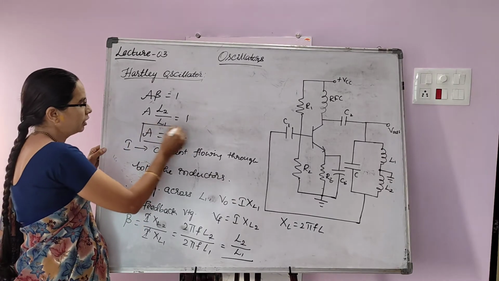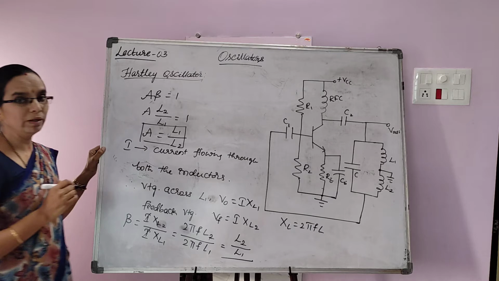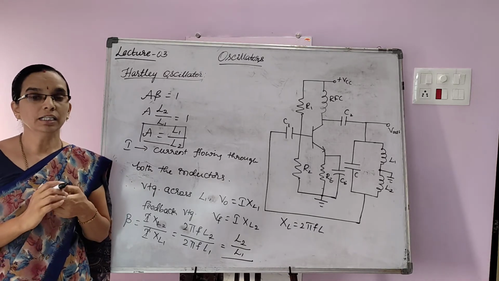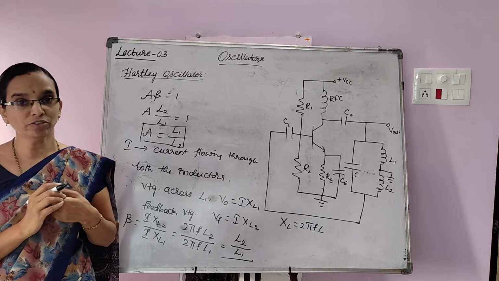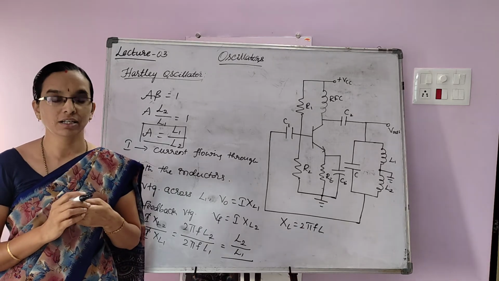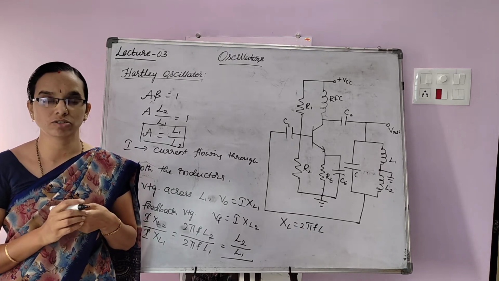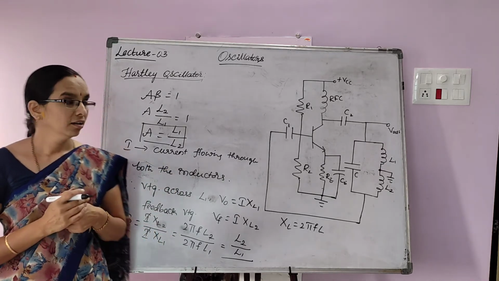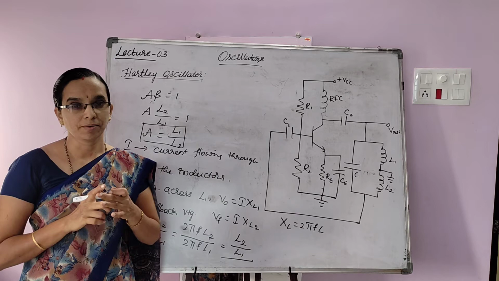If the gain of the amplifier is L1 by L2 and beta is L2 by L1, then A beta, the product of open loop gain and the feedback fraction, will be equal to 1, so that we can get sustained oscillations. This is the condition to satisfy while constructing the Hartley oscillator.